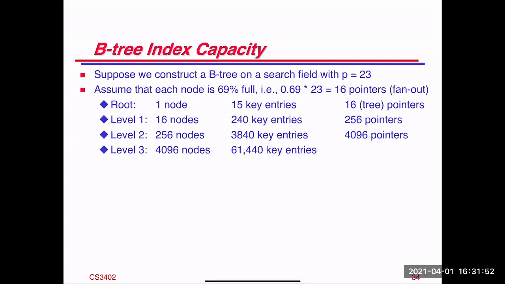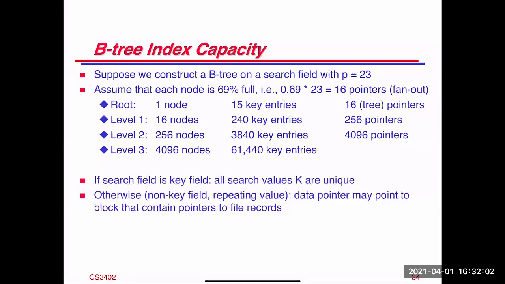So you can see that as you go down your level, the number of key entries that you have is getting very large. So if the search field is a key field, then all the search values k that occur will be, of course, unique. And otherwise, sometimes we also want to construct indexes on non-key fields, right?